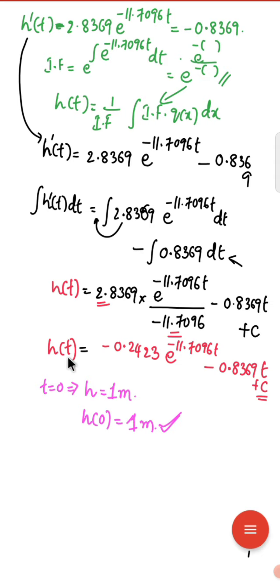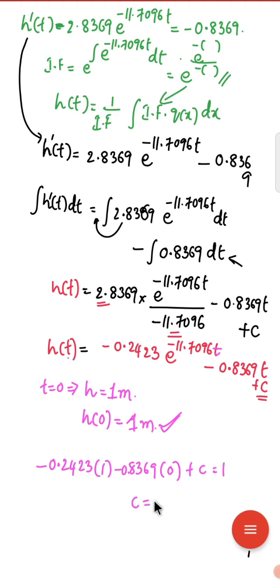Okay, h of 0 is nothing but, substitute 0 in the above equation, so e to the power of 0 is nothing but 1. So we will have minus 0.2423 into 1 minus, if I substitute 0 here, 0.8369 into 0 plus c is equal to 1.